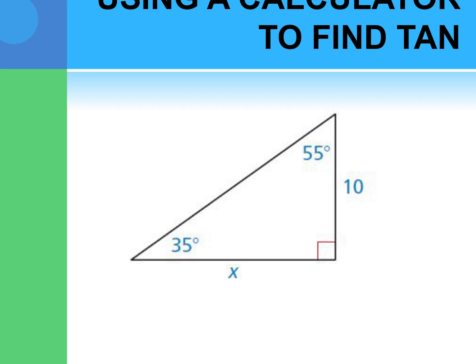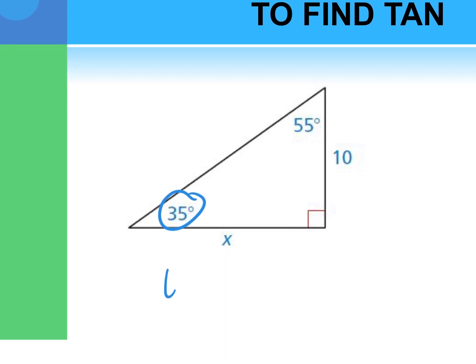Now, the cool part is you can use the tangent of either of the two angles. But I can't take the tangent of what angle? The 90. So pick one. Which one do you want to use? The 35? Okay, so let's pick the 35, circle it. We're going to say the tangent of 35 degrees should be equal to what?